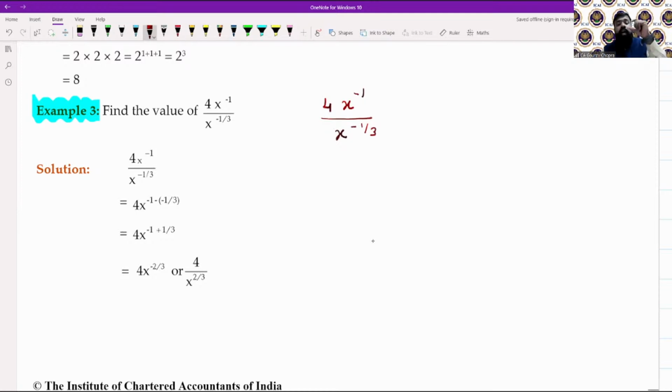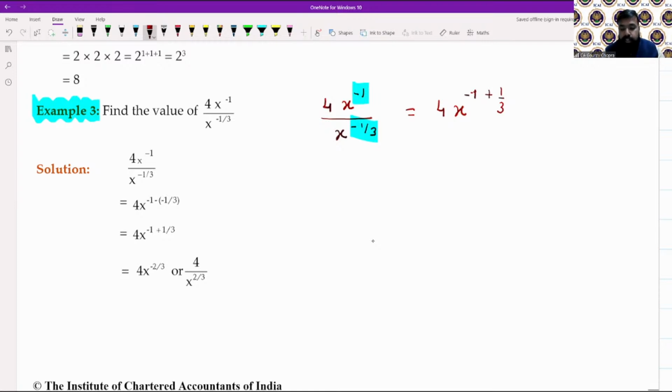So we are having the same base of x. So we can shift the power from denominator to numerator. So power -1/3 will convert into +1/3. So 4x to the power of -1 and then +1 by 3.